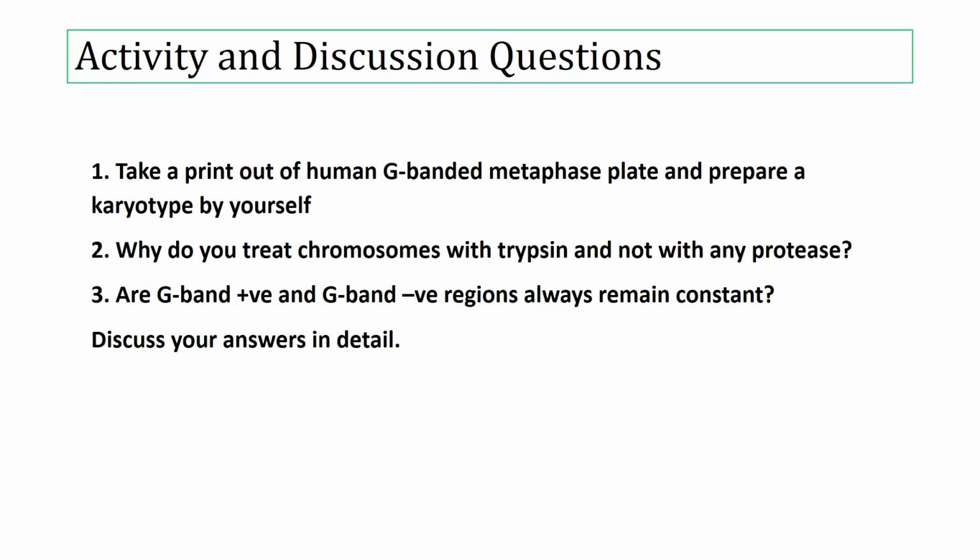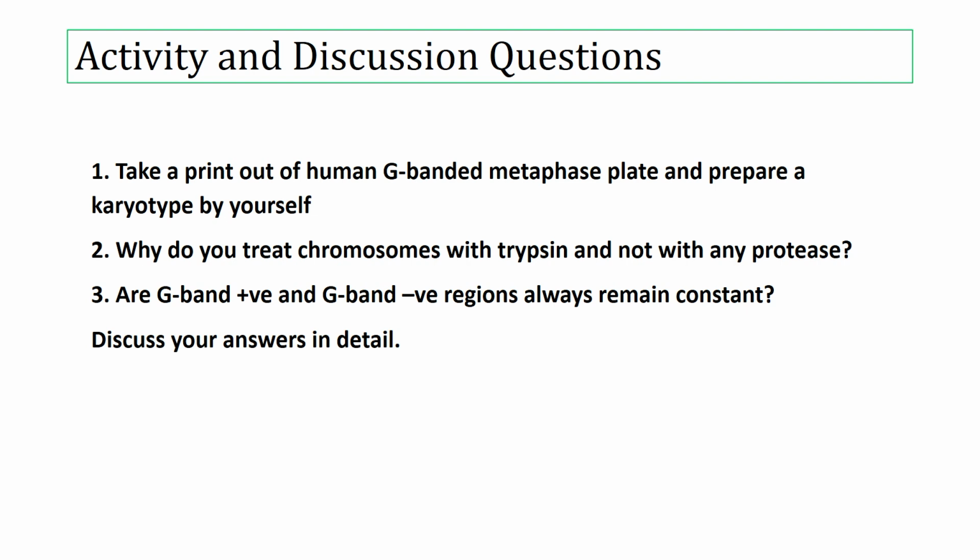With this, I come to the activity and discussion. Once again, take a printout of a human G-banded metaphase plate and prepare the karyotype by yourself. If you do a karyotype once, twice or thrice, you will be confident.